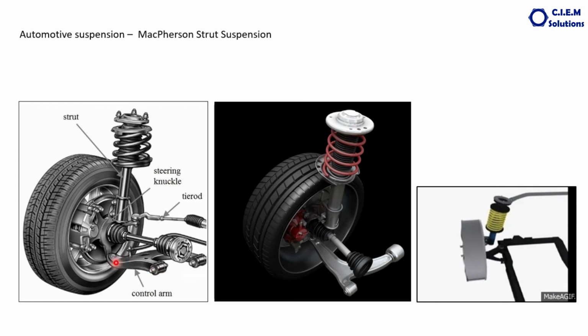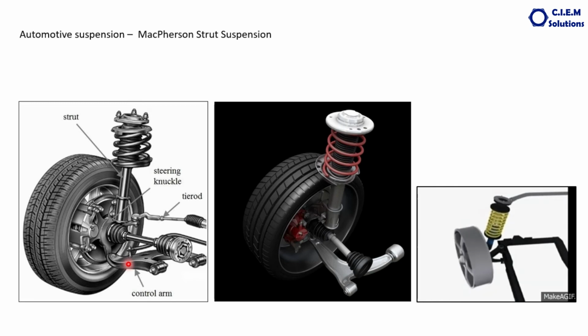This end is connected with a knuckle. This also acts as a kingpin with the same axis as the strut. So here the most important thing is that the axis of the strut and the steering knuckle should be the same. It's very important to note this.